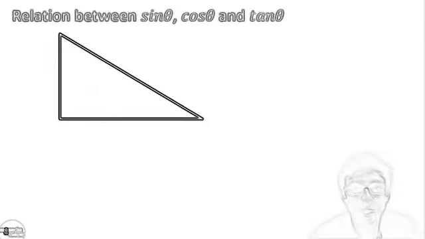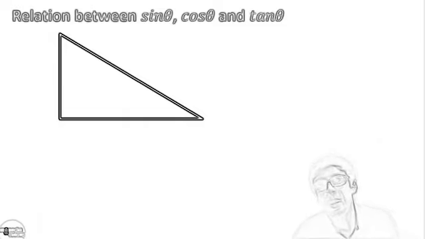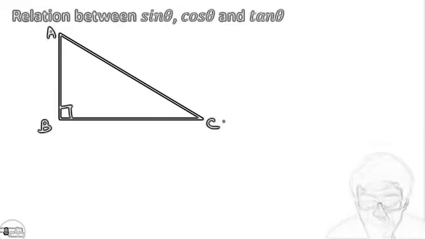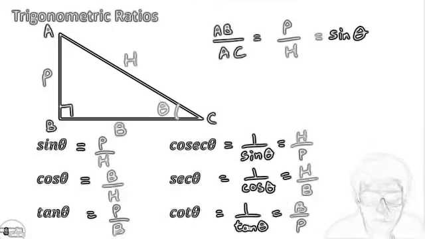Very good. Now let's take a look at what is the relation between sine theta, cos theta and tan theta. So again guys, we are dealing with the right angle triangle here. So this is our right angle triangle ABC, and let's mark in the theta. We'll take this one for convenience, right? I won't confuse you with the theta on top there. Okay, and we saw that these sine theta, cos theta were defined like this, right? We talked about that.